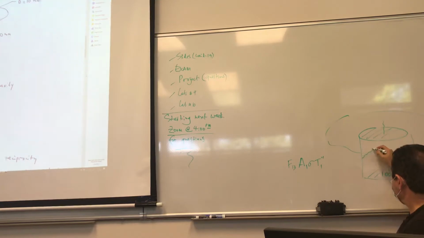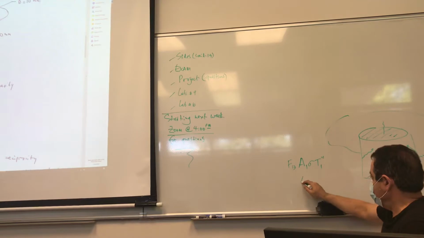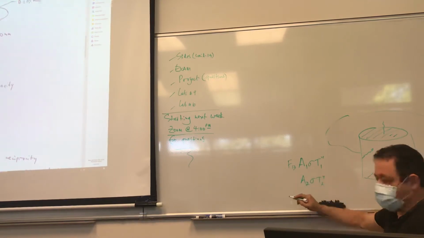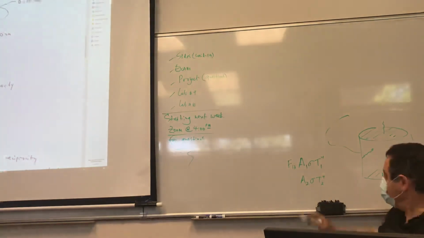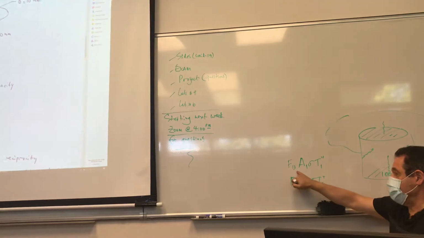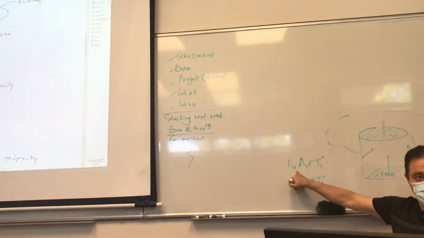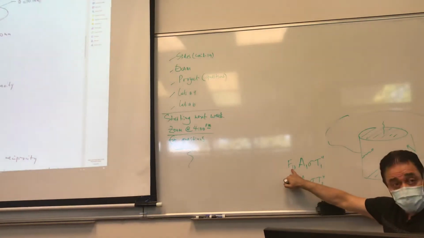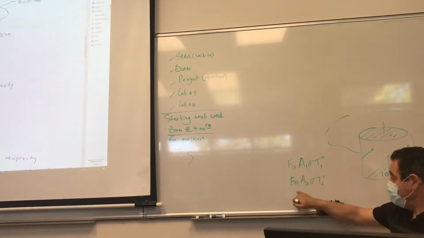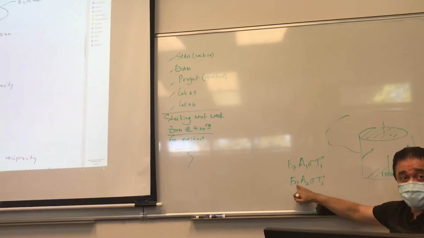Then I need to look at the one that's coming out of the side and going through area A3. That's going to be A2 sigma T2 to the power of 4, multiplied by F23. Remember the way we read this, Fij: the fraction of the energy leaving 1 that arrives at 3, the fraction of energy leaving 2 that arrives at 3.